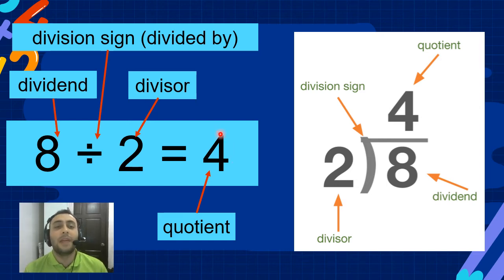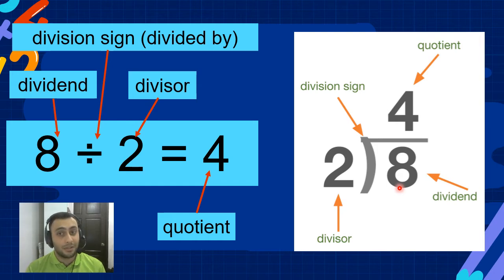Now, the name of each of these components: 8 is the dividend, divided by, 2, the divisor, equals, 4. 4 is the quotient. Now, we can write it in this form.